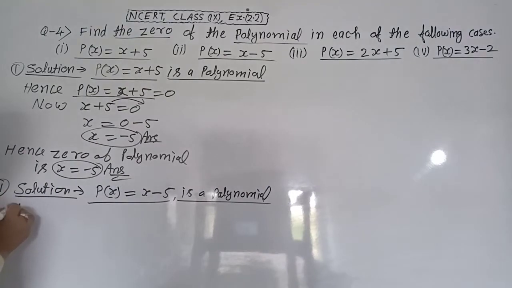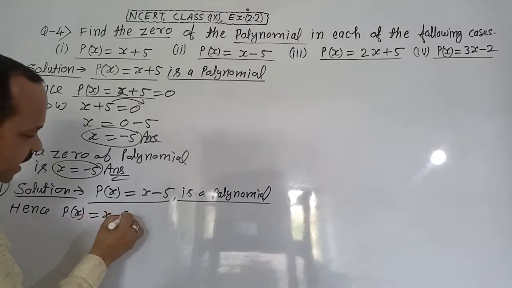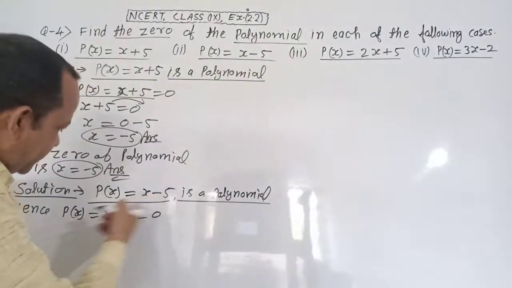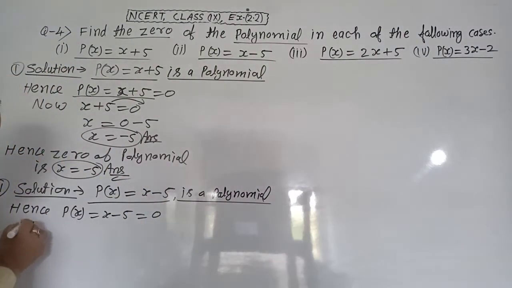Hence, p(x) equal to x minus 5 equal to 0. Clear? You can write it as it is.